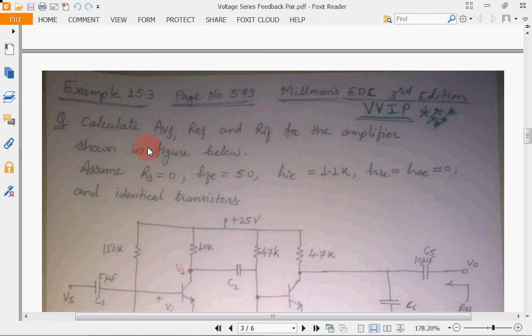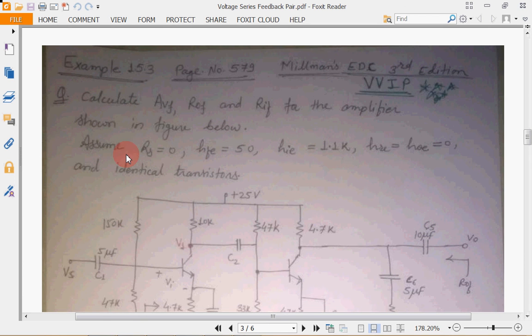Calculate the voltage gain with feedback, output resistance with feedback, and input resistance with feedback for the amplifier shown in the figure below. Just now we have seen that circuit of the amplifier. Few assumptions are given in the question. Assume RS equals 0, that is the source resistance.